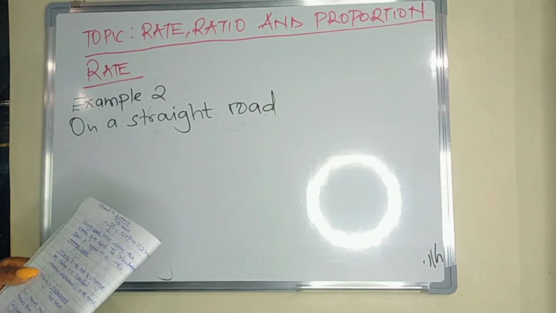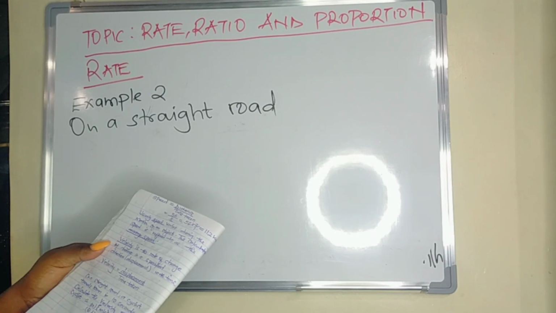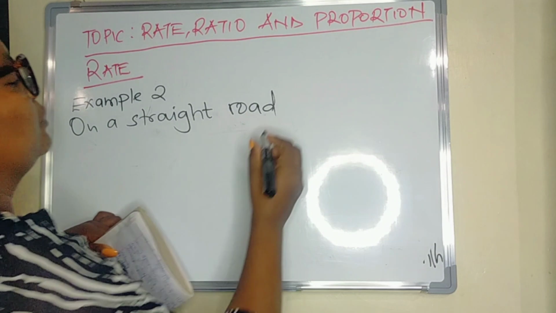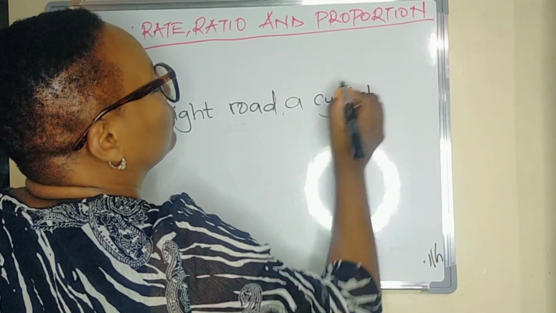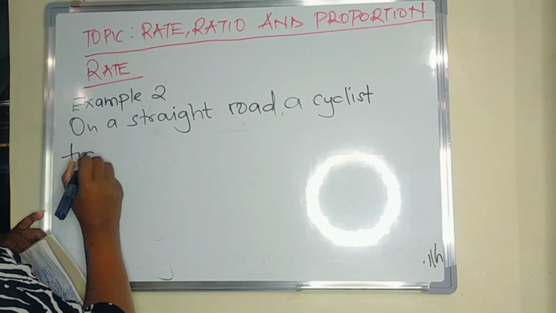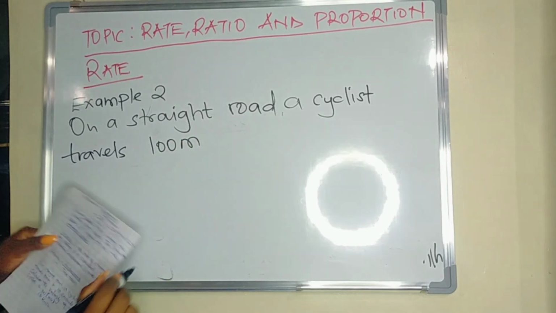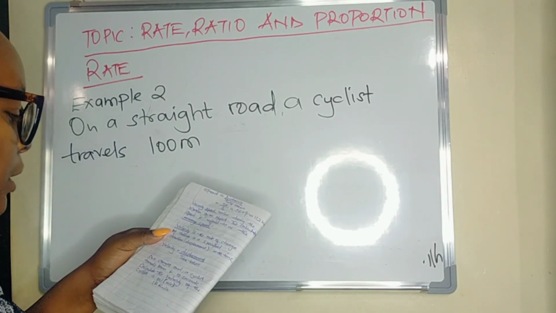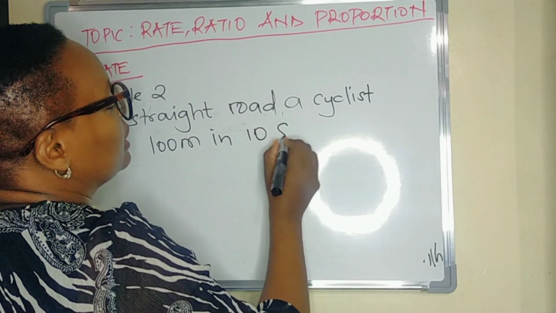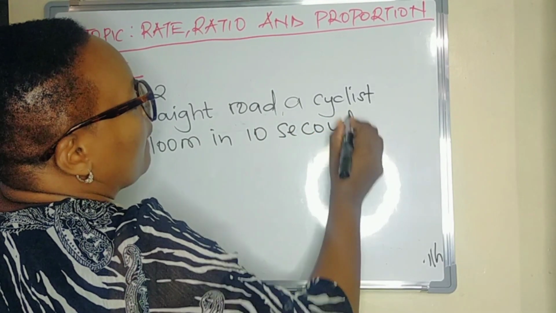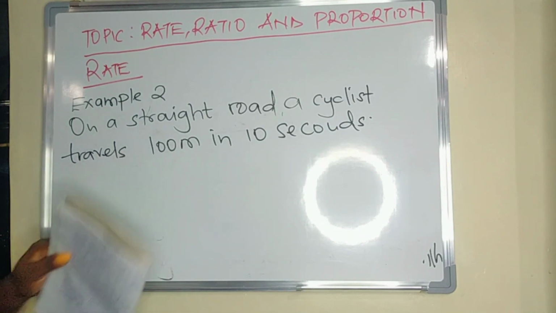On a straight road, a cyclist travels 100 meters in 10 seconds. Calculate the velocity of the cyclist.